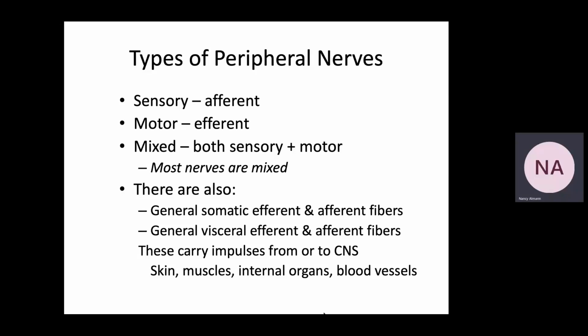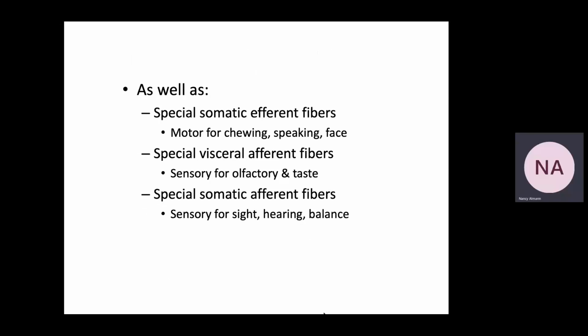So sure enough, those fibers are carrying information to or from the central nervous system, the brain and the spinal cord, and they're carrying information to or from the skin, muscles, your viscera, in other words, your internal organs, and your blood vessels. When we talk about the special somatic and visceral fibers, you are talking about cranial nerves. And when you talk about special somatic afferent fibers, you are talking about cranial nerves also.